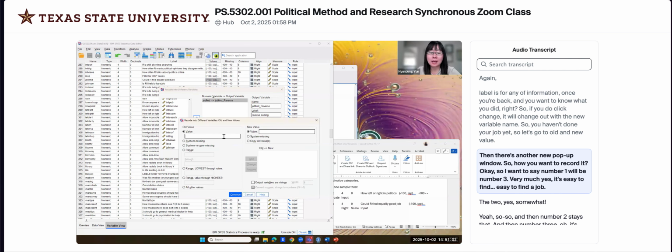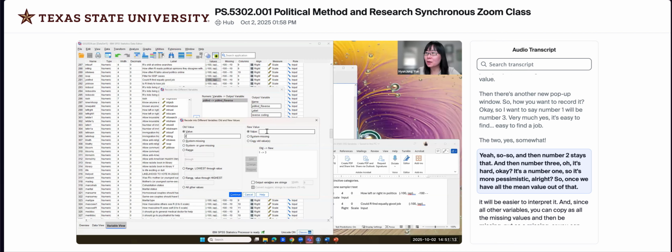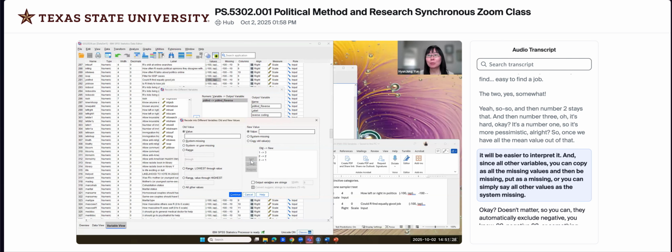I want to say number 1 will be number 3, very much, yes, it's easy to find a job. Then 2, yes, somewhat, stays as 2. And then number 3, oh, it's hard, becomes number 1, so it's more pessimistic, all right? So once we have all the mean values out of that, it will be easier to interpret.